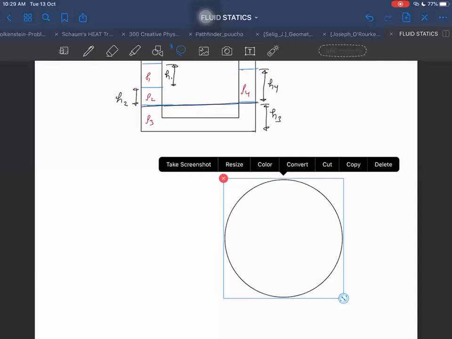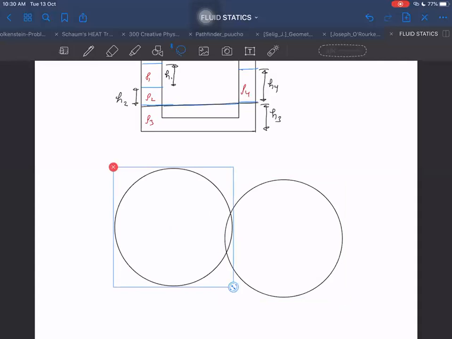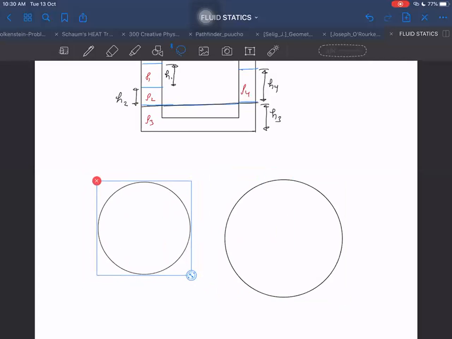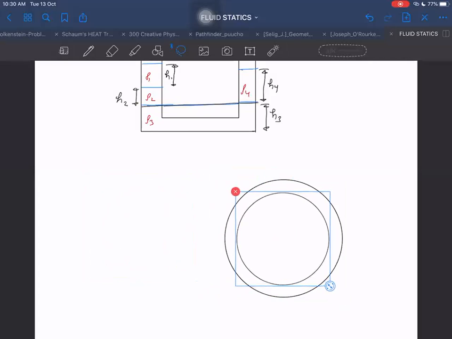Rho 1 H1 plus rho 2 H2 equals rho 4 H4. P naught plus rho 1 H1 plus rho 2 H2 minus rho 3 H3 plus rho 3 H3 equals rho 4 H4.